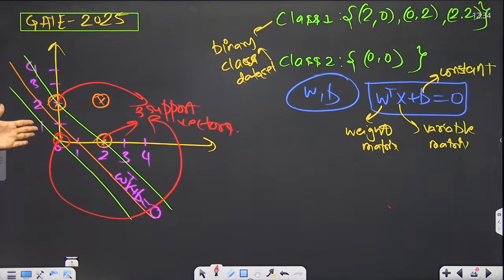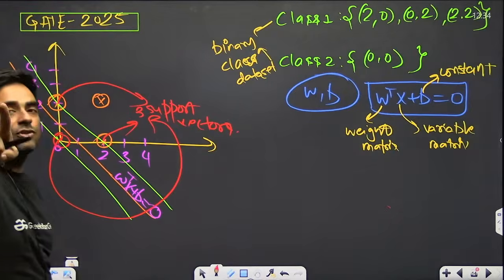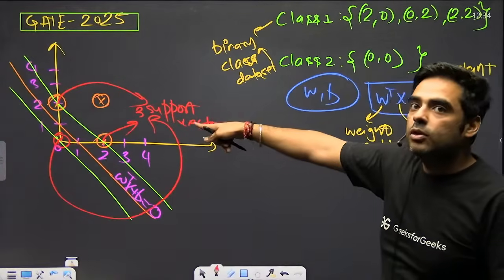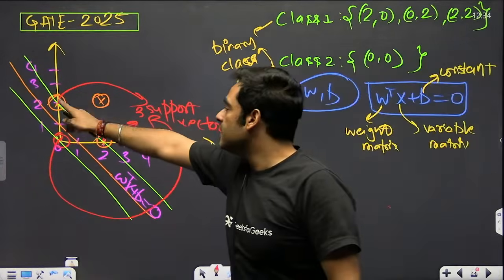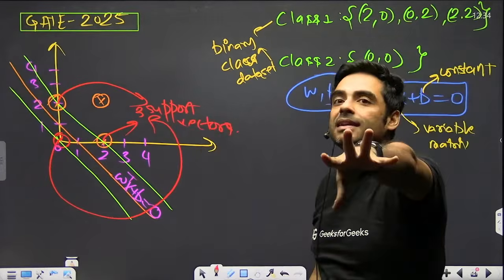So a total of 3 support vectors are visible based on this data set.